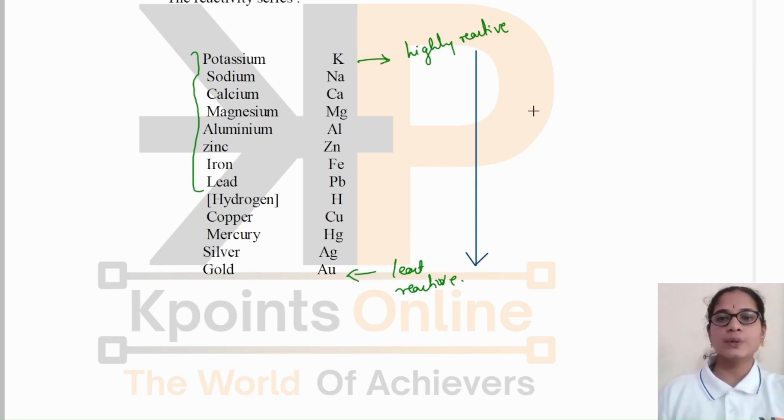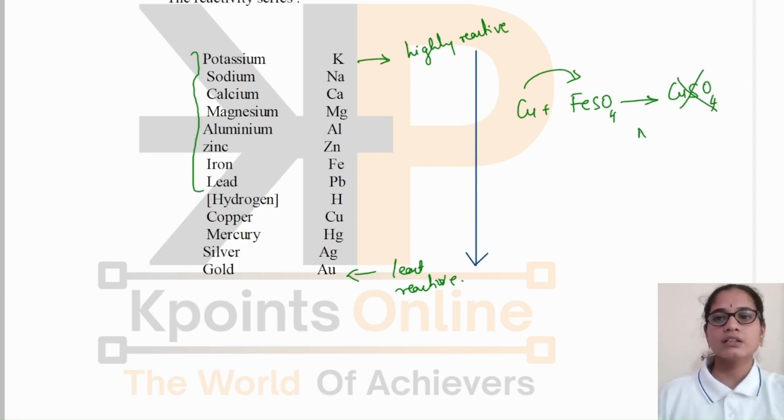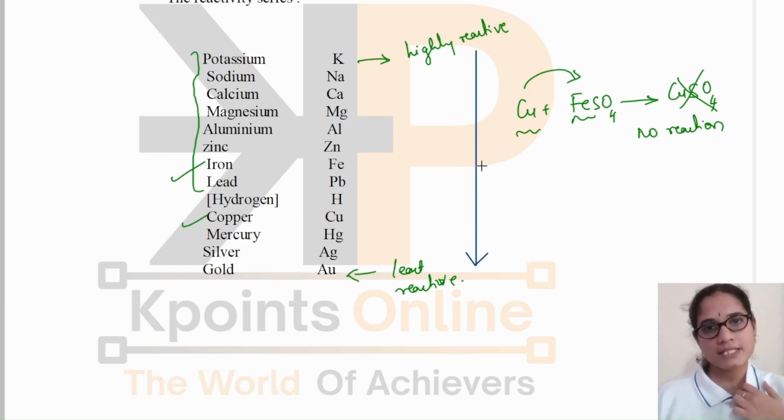See here, if you take copper and make it react with iron sulfate, does displacement occur to form copper sulfate? No, the displacement will not take place here. No reaction occurs because copper is less reactive than iron. You can see here copper is here and iron is here. It is placed below the iron, so it will not displace iron from its solution.